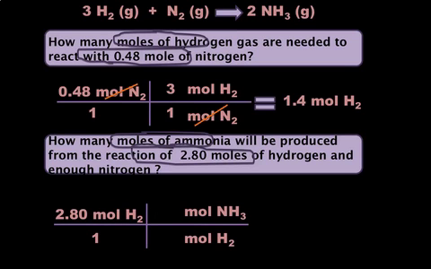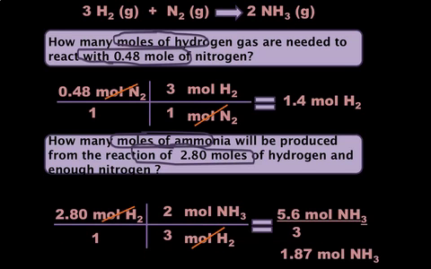Again, we go back to the balanced equation at the top of the screen and use the coefficients. There's a 2 in front of the ammonia and a 3 in front of the hydrogen. My moles of hydrogen cancel out, and I'm left with moles of ammonia, which is what I want. So I'm done. I just need to do the math. 2.8 times 2 is 5.6 on top and 3 on the bottom, and then I divide that out, and I get 1.87 moles of ammonia.